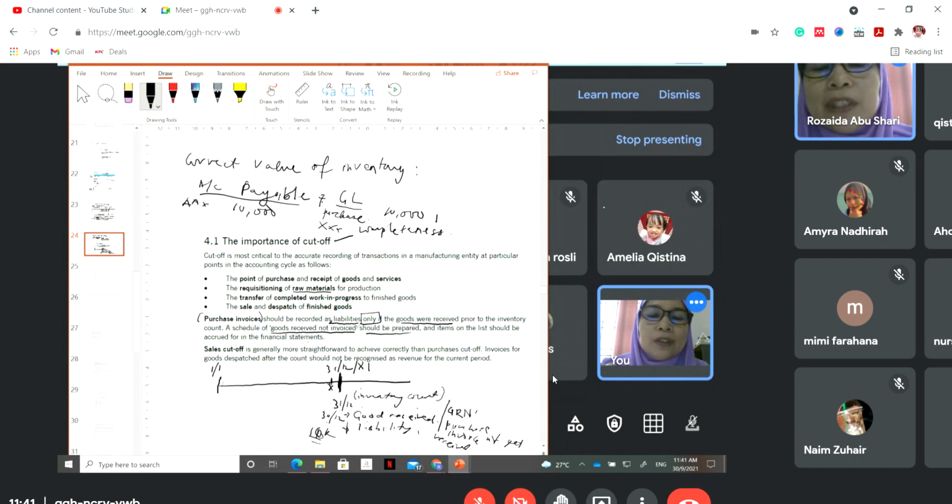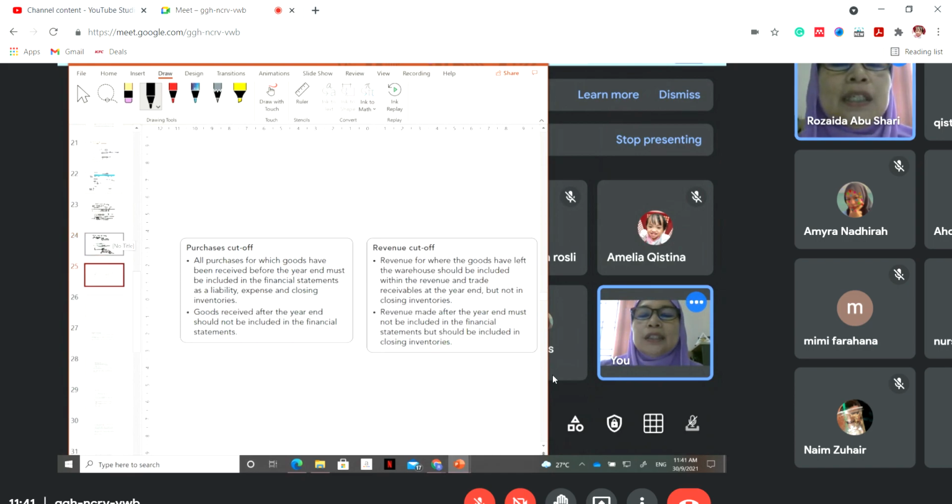So of course after the count kita tak akan recognize as revenue, sebab company akan recognize as before or prior to the inventory count. It's clear, sebab goods dispatched akan dikeluarkan daripada company untuk dihantar ke customer after the counting. So that is regarding the sales cut off.